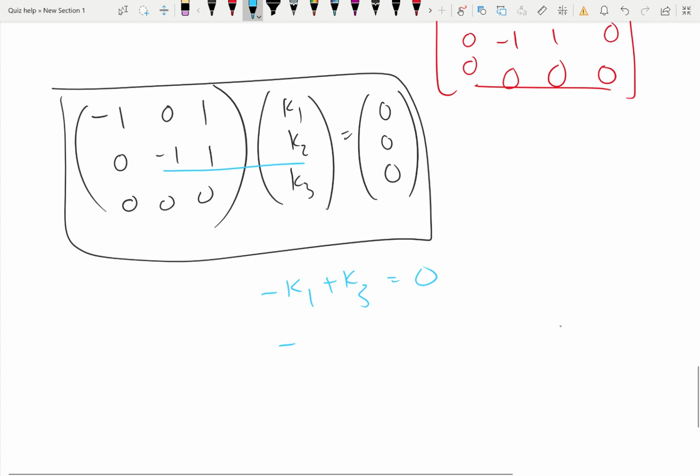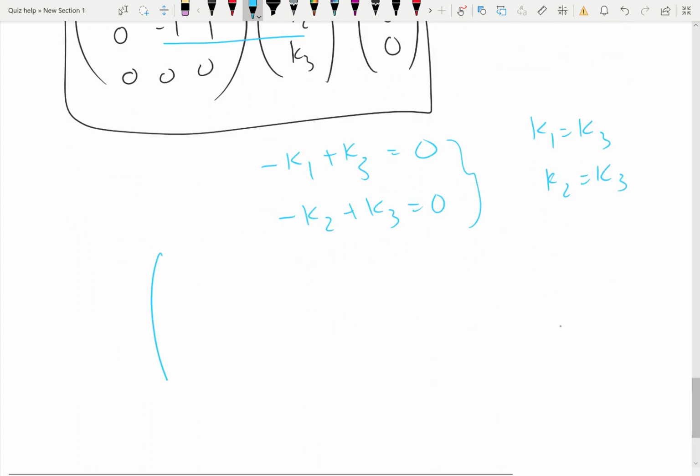From the second equation, negative k2 plus k3 is equal to 0. So k1 is equal to k3, and k2 is equal to k3. Nice. So let's choose k3 to be 1. Then k2 is 1 and k1 is 1. So that's the eigenvector. Good.